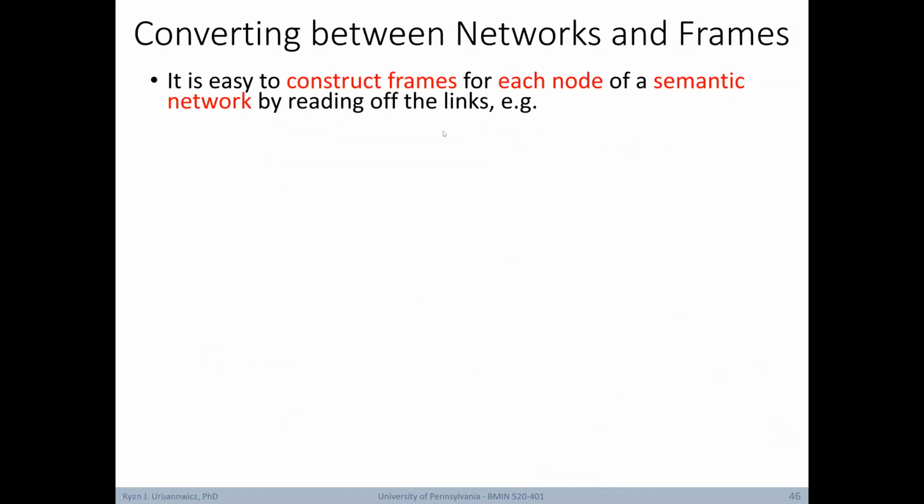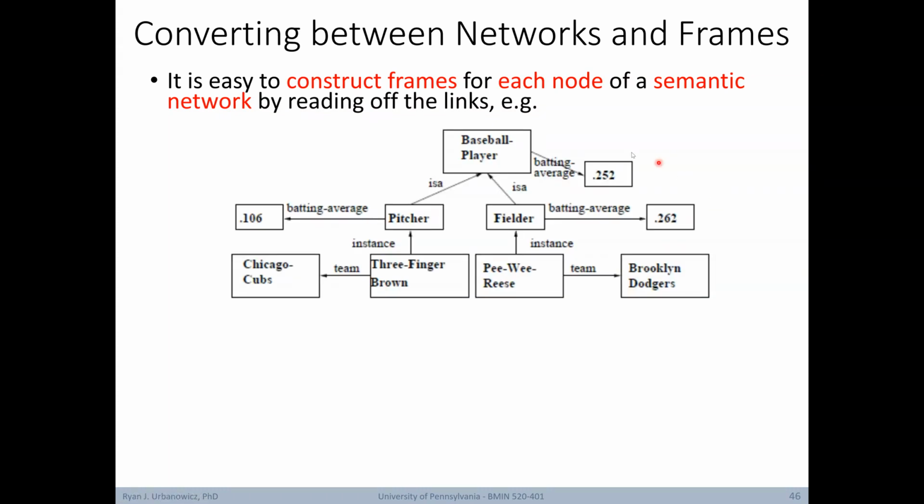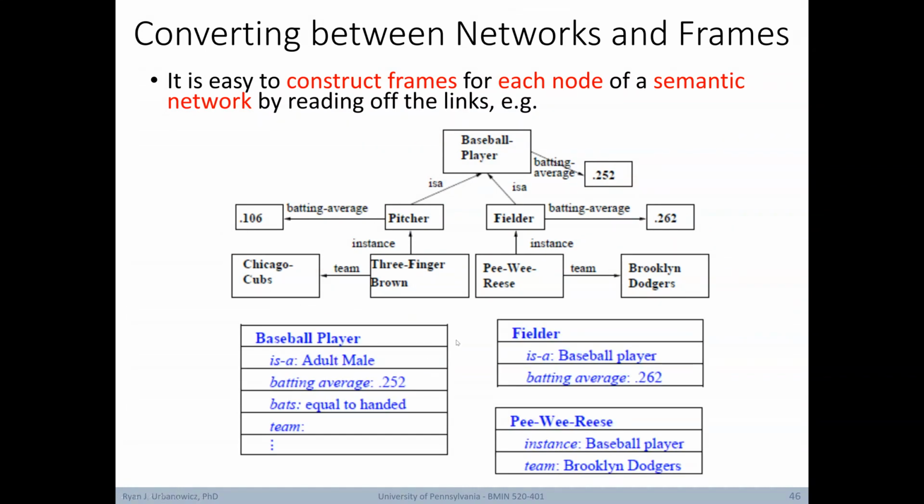It's also worth noting that it's easy to convert a semantic network into a frame, but maybe not vice versa. For example, it's easy to construct frames for each node of a semantic network by reading off its links. Here we have our baseball player semantic network example from earlier. We can see here how some of the objects from our semantic network can be converted to frame in our frame representation.